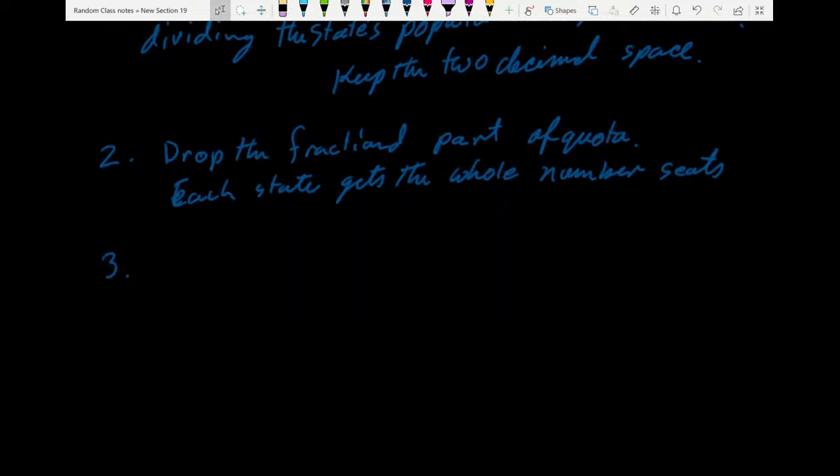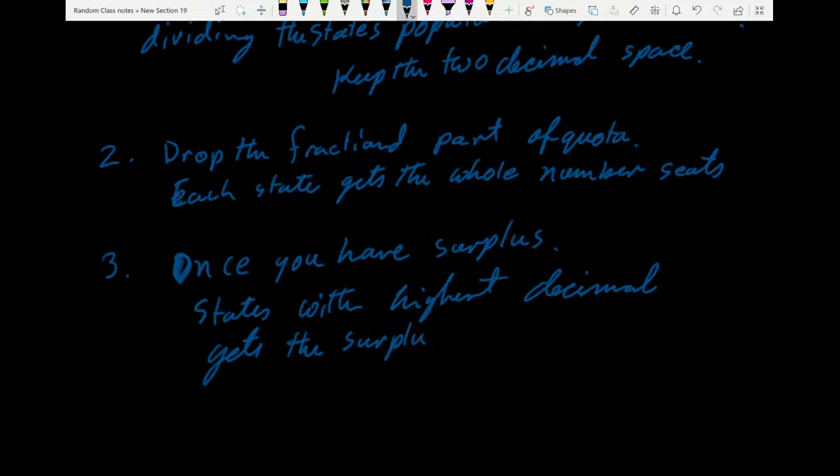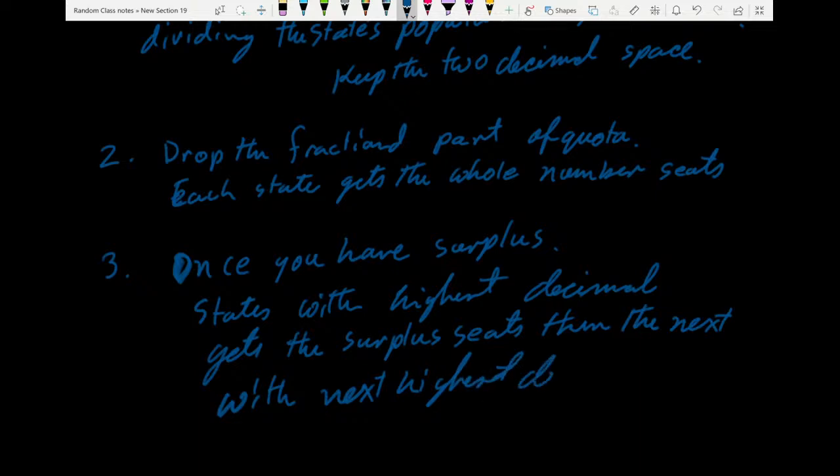Once you have surplus seats, the way it goes is the state with the highest decimal gets a surplus seat, and then the next state with the next highest decimal point.